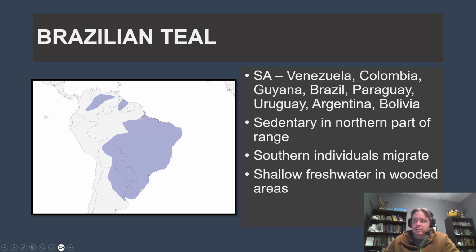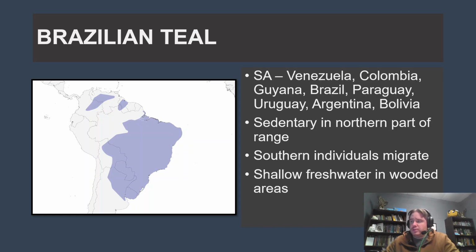These distributional areas here represent a specific subspecies called brasiliensis. So the birds you find in Venezuela, Colombia, and Guyana are all that subspecies, and then everything down here in Brazil, Paraguay, Uruguay, Argentina, and Bolivia are a different subspecies called ipecutiri.